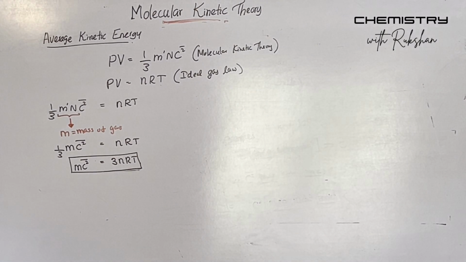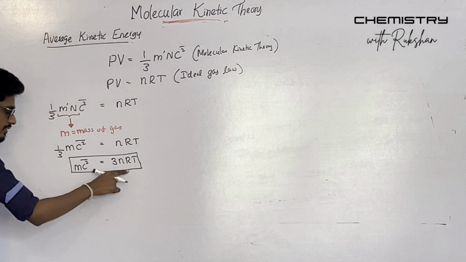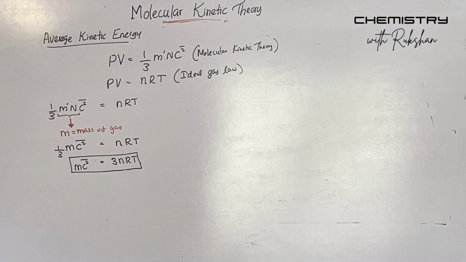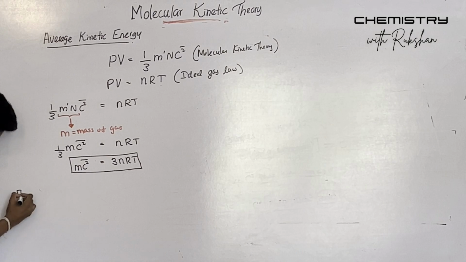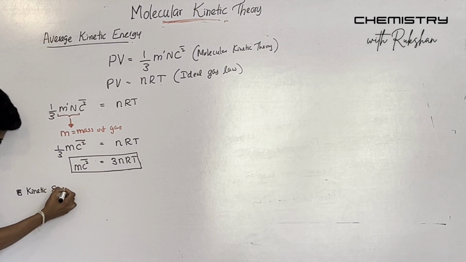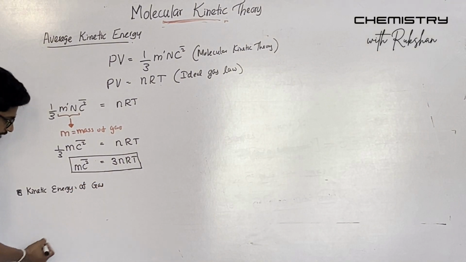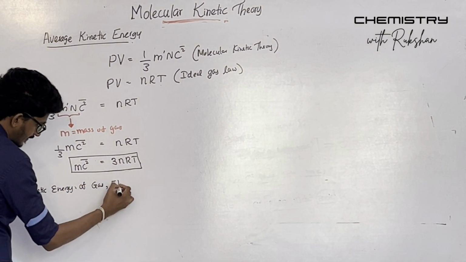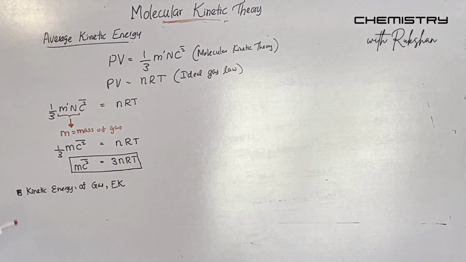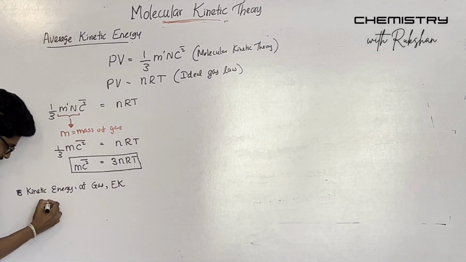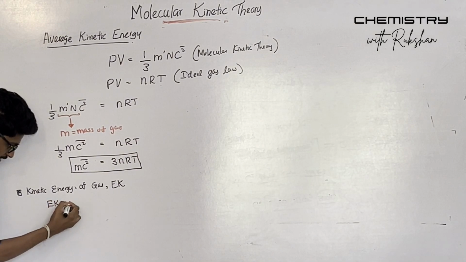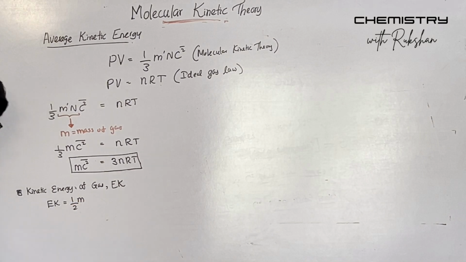As earlier. Let's come up with equations for the kinetic energy as well as for the average kinetic energy. Let's consider first the kinetic energy of gas, denoted E K. We know the kinetic energy is equal to half m v squared.